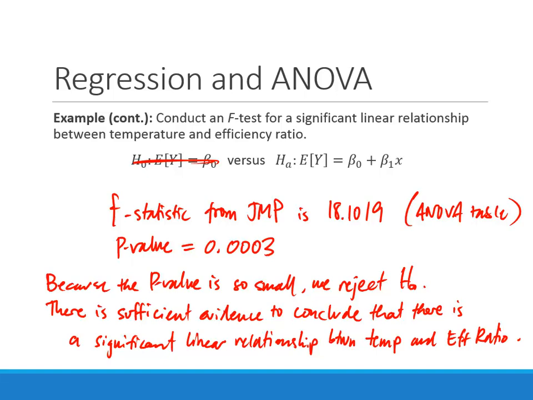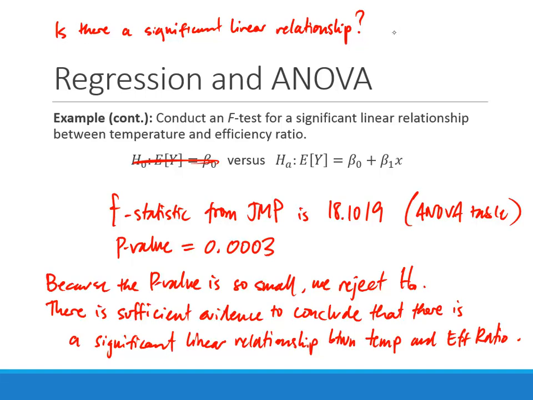Okay, so if you're asked, is there a significant linear relationship, you have two options here. You can either do this test, or you can do the t-test for whether or not beta 1 is equal to 0.